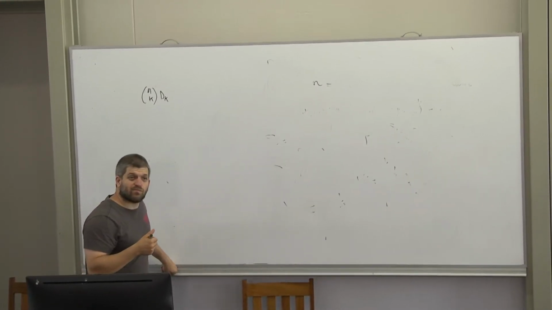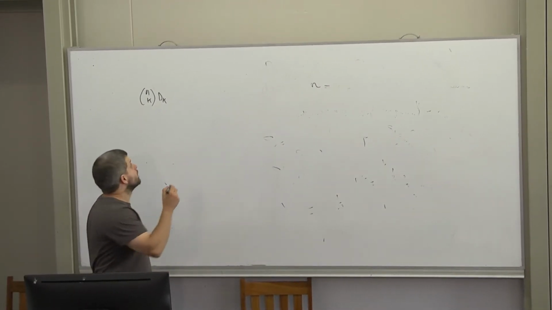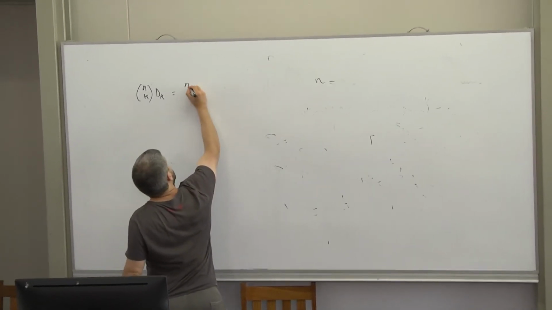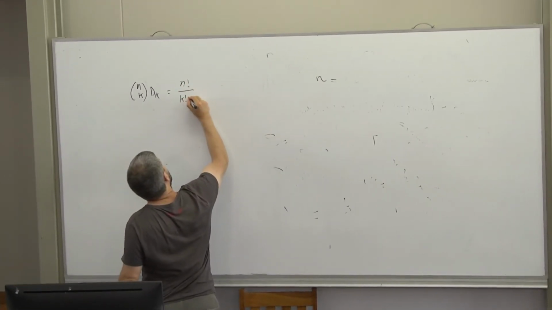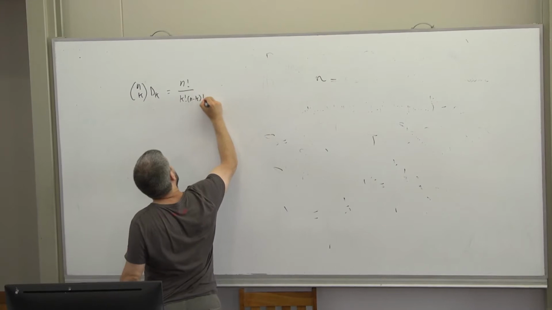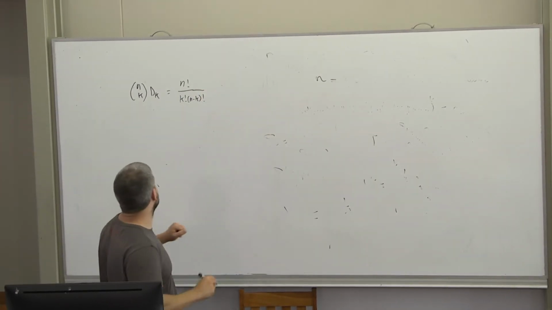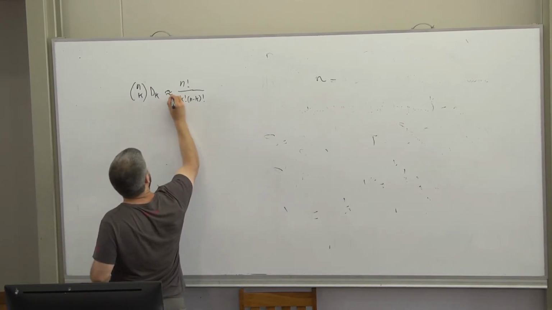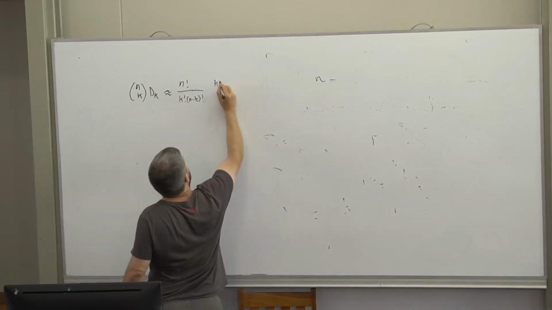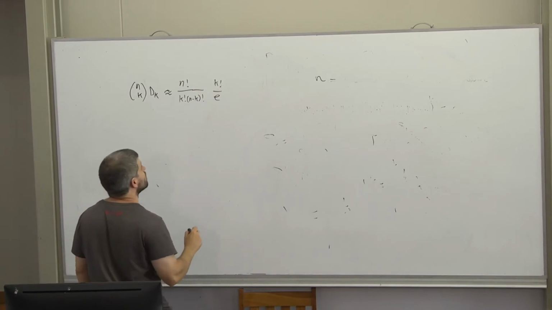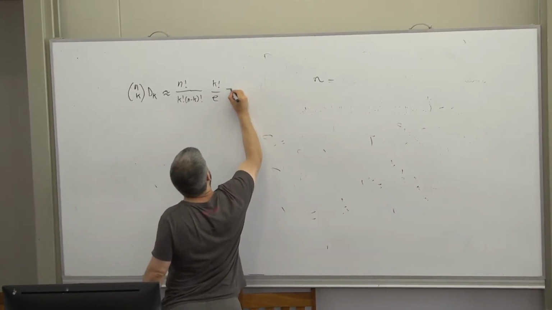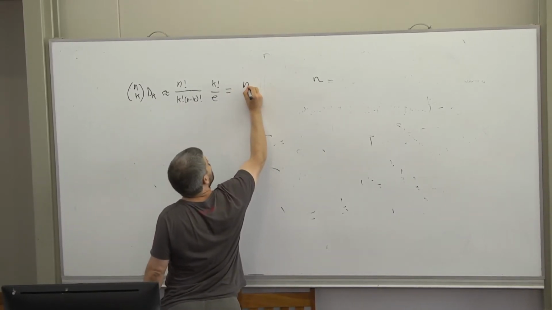And let's actually do a little bit of an expansion on this. n factorial. And d_k we said I'm going to make approximately k factorial over e.